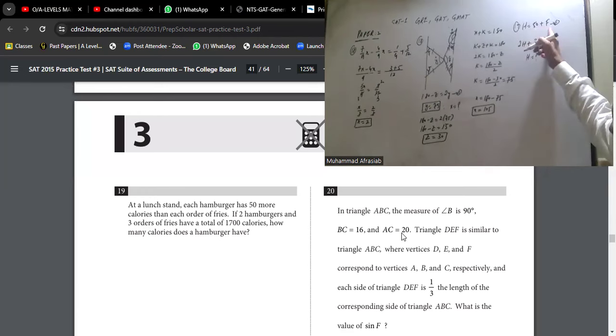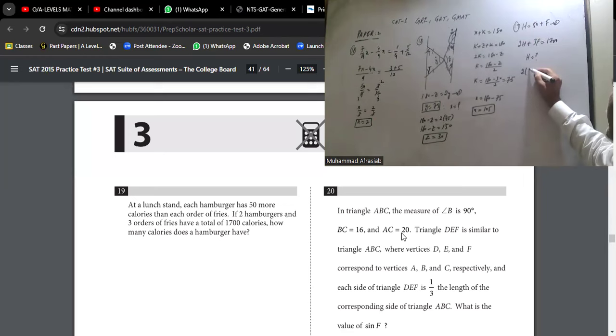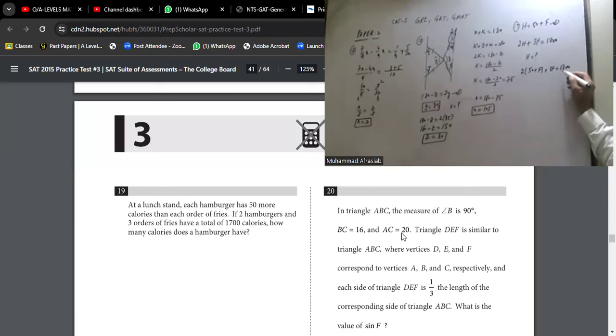Since H is equal to 50 plus F, so 2 into (50 plus F) plus 3F, that is equal to 1700.